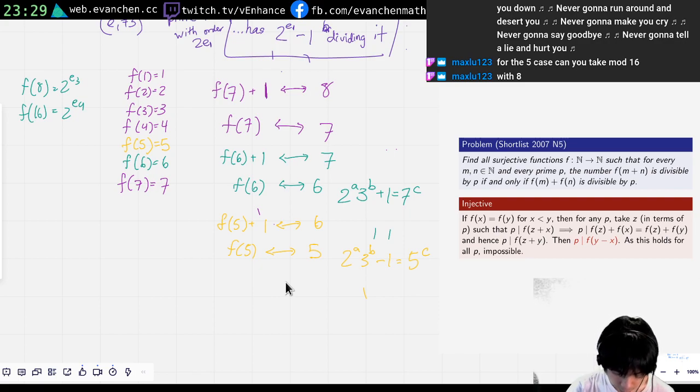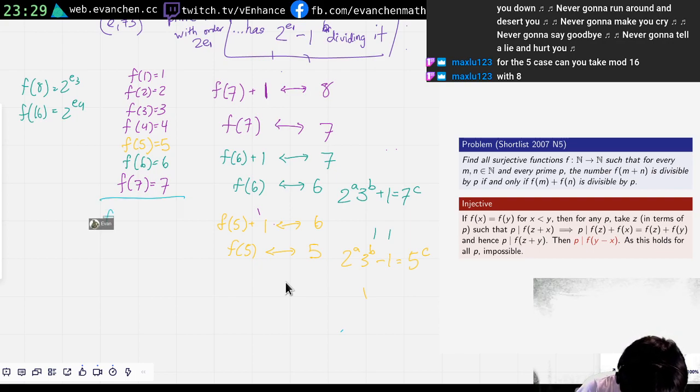Let's go up to... So how can I get f of 8? f of 8, I know... So I guess it's doing this induction in powers of 2, where when I want to go to the next step, what do I know now? I know f of 8 is... You know all of these guys are supported on particular primes.